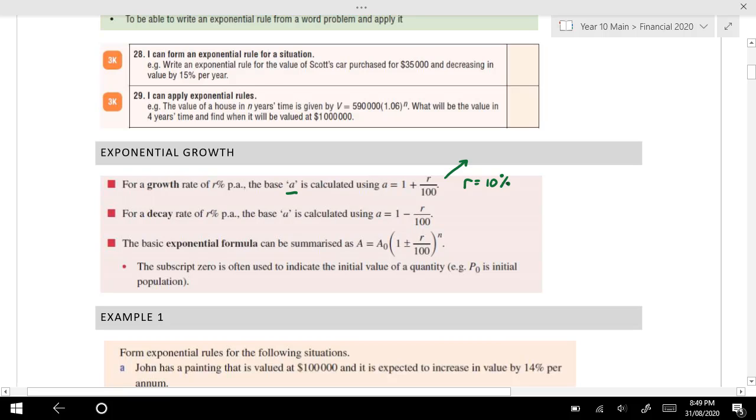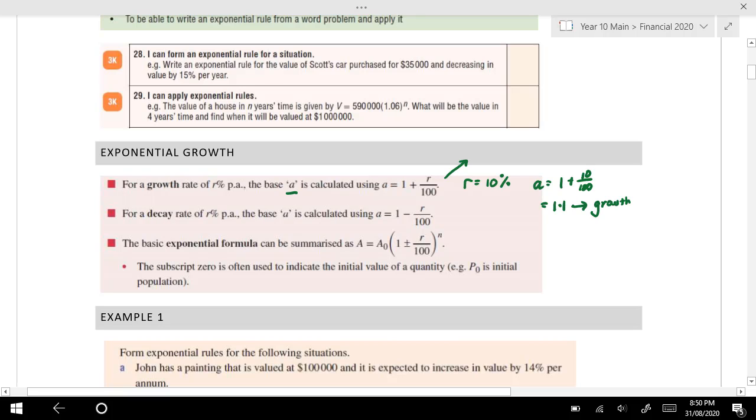And if I was to put my percentage in this, my growth rate would be 1, and it's got to clearly be greater than 1, plus 10 over 100. And of course, 10 over 100 is the same as 0.1. If I add that, I get 1.1. A number greater than 1 is what we would call growth.